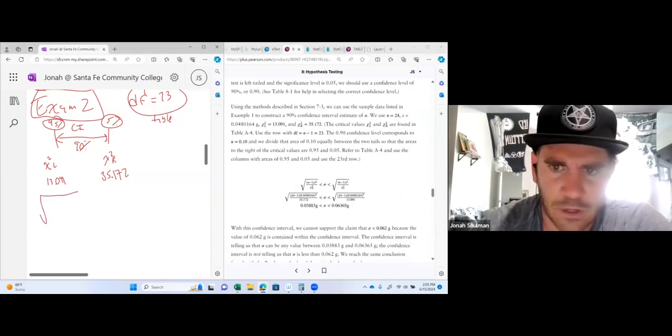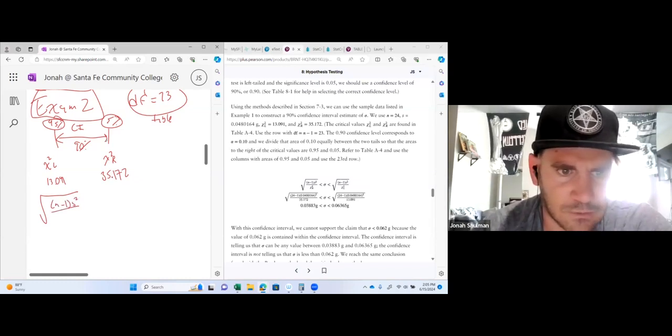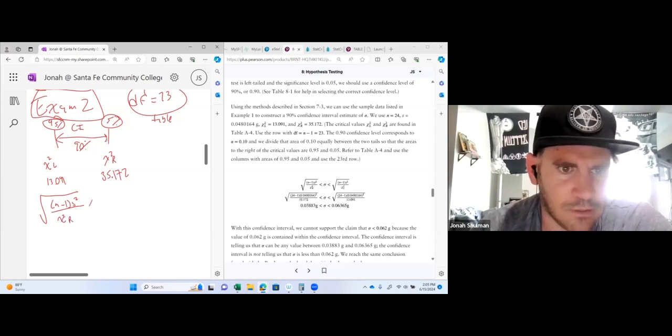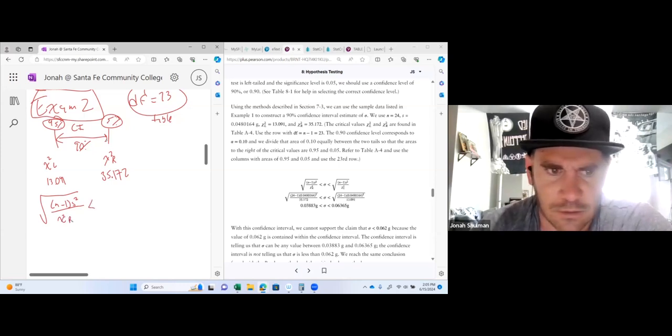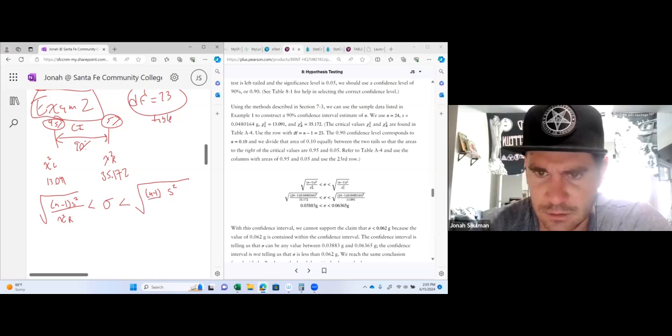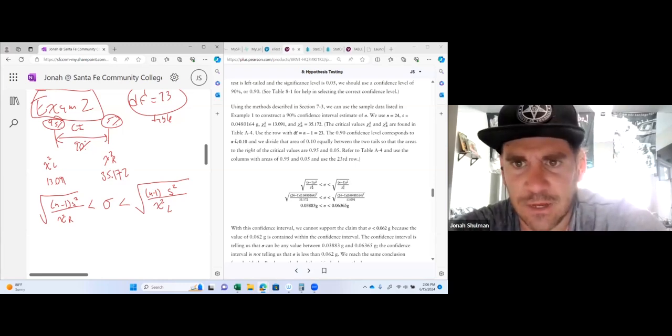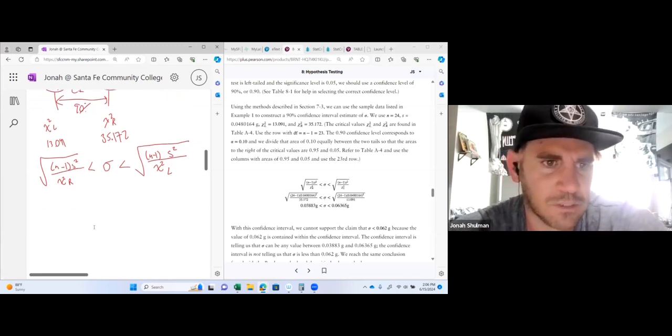The square root of n minus 1 times the variance over chi-squared of the right is less than our standard deviation, which is less than the square root of n minus 1 times the variance again over chi-squared to the left. This is how we're going to get our values. And all we have to do is plug these in.